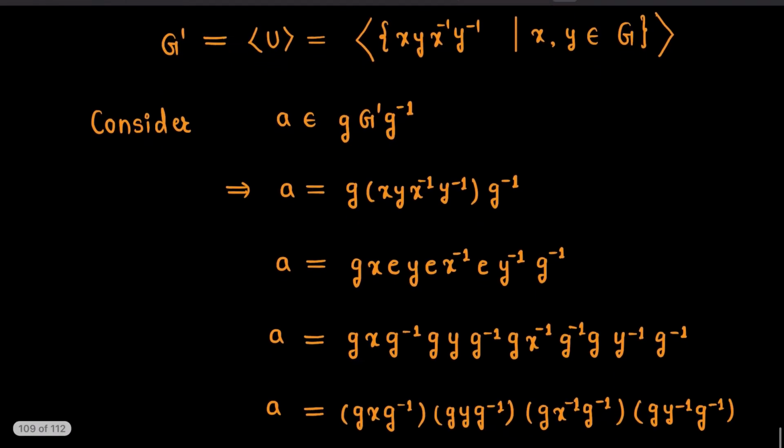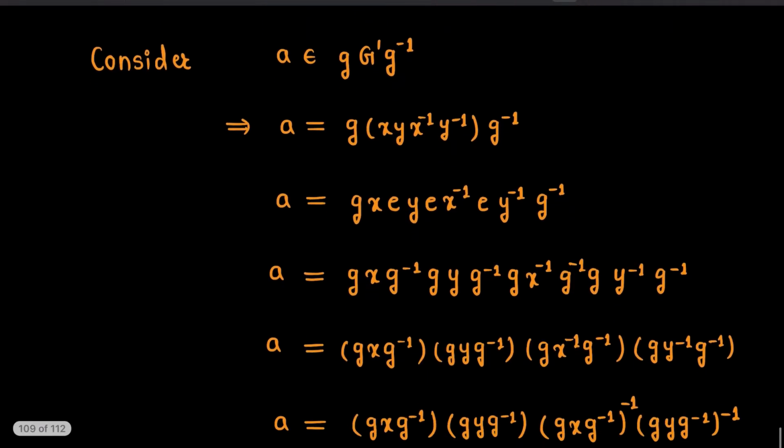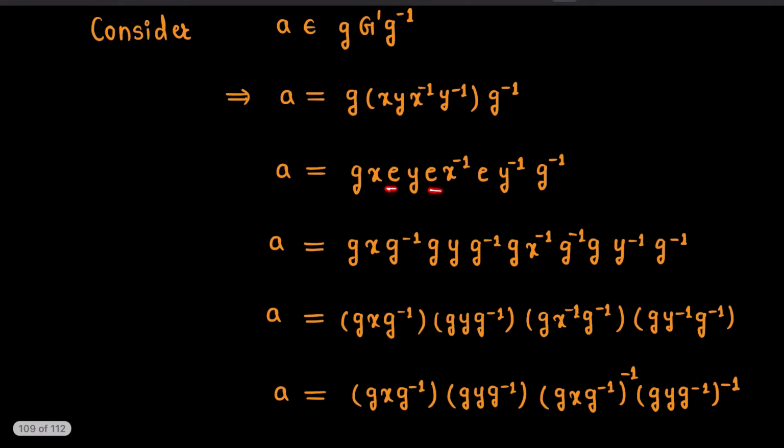Now in the next step, this can be written as g x e y e x⁻¹ e y⁻¹ g⁻¹. We have introduced the identity element at these positions. Now this identity element can be written as g⁻¹g. So we get this step.